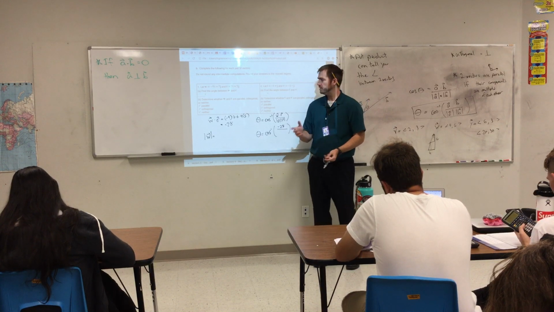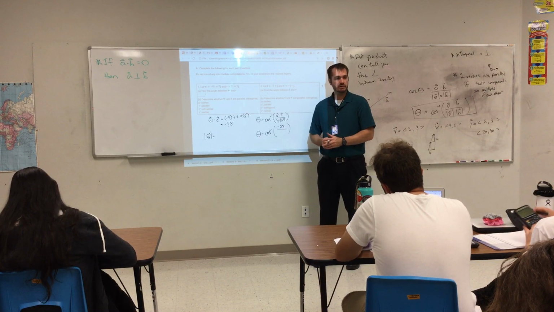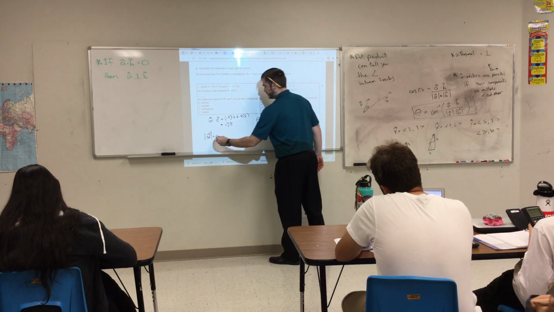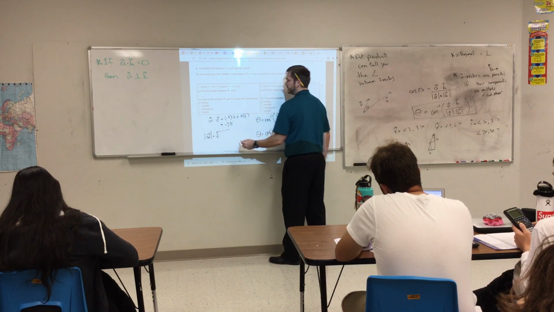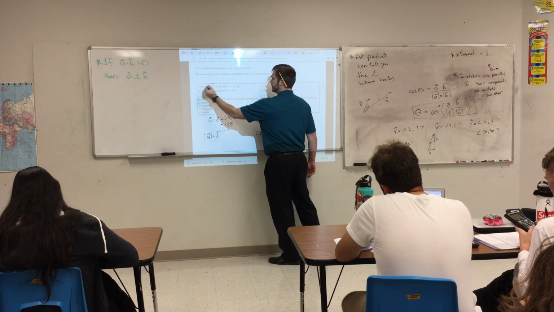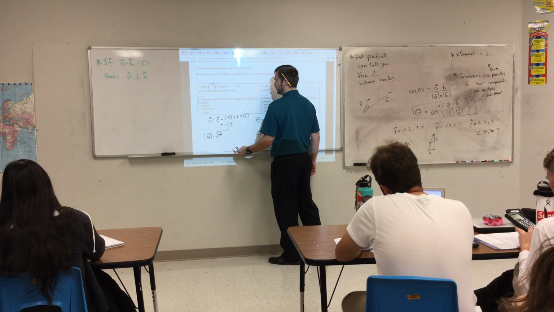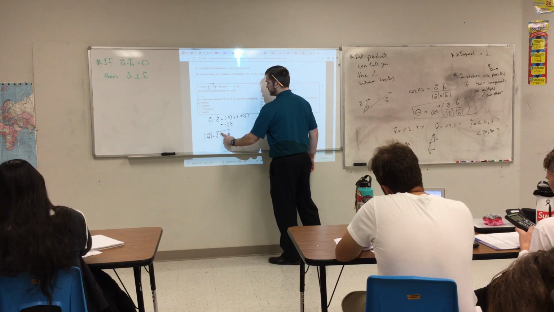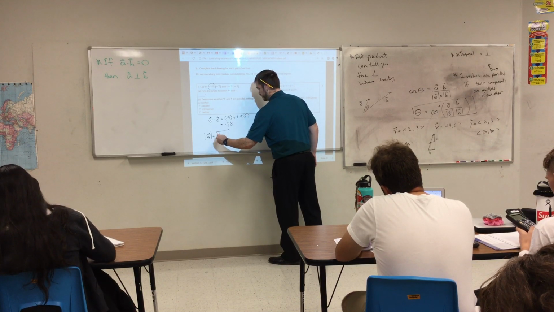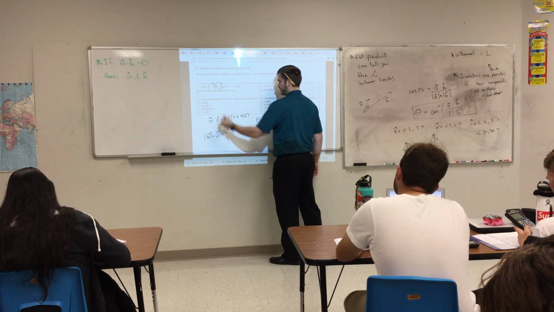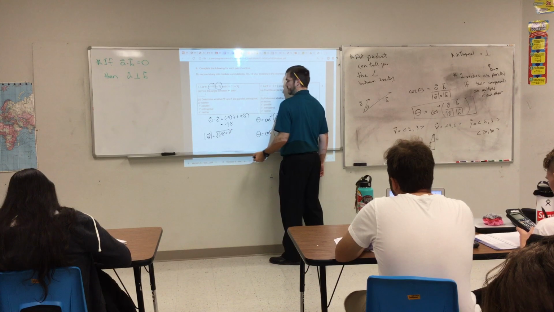Now I'm going to find the magnitude of W. If you remember, magnitude is the square root of the sum of the squares. So that's going to be the square root of negative 9 squared plus 7 squared.